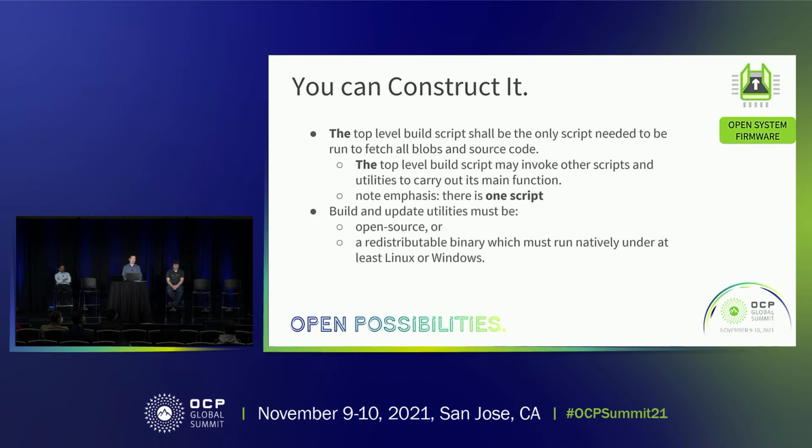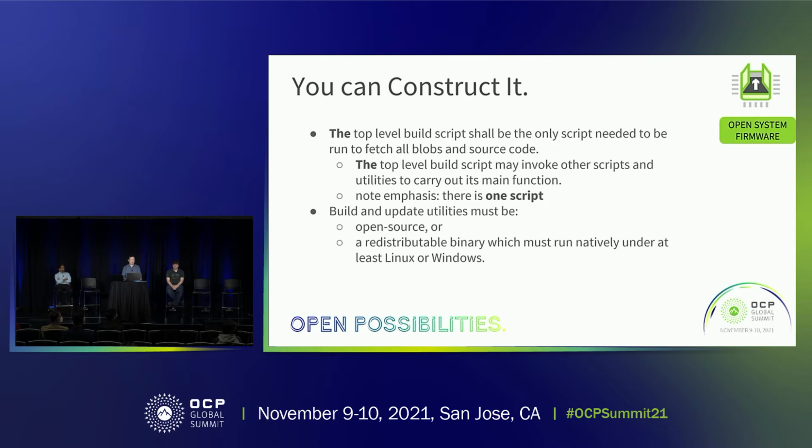So I'm going to talk about the construction side. The top level build script shall be the only script that you use to fetch all the blobs or the source code from the sources, from the mainline or from wherever you get the blobs. The top level build script may invoke other scripts and utilities to carry out the main functions.